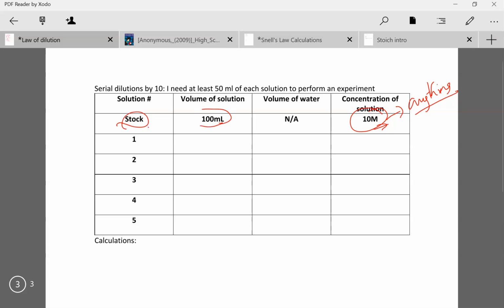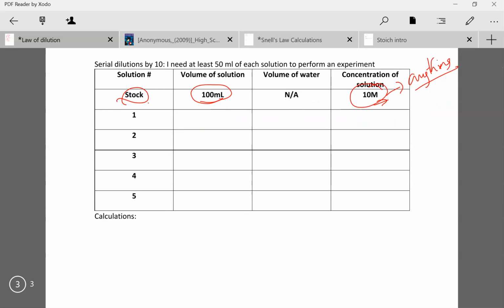And let's assume you have a lot of this concentration. You're not restricted, so we'll just pretend you have 100 milliliters, which is not really a lot, but you have a sufficient quantity. Now it depends on what you are trying to dilute by that really affects your calculations. So two things you have to decide. You decide your dilution factor, and you decide how much volume of something you need.